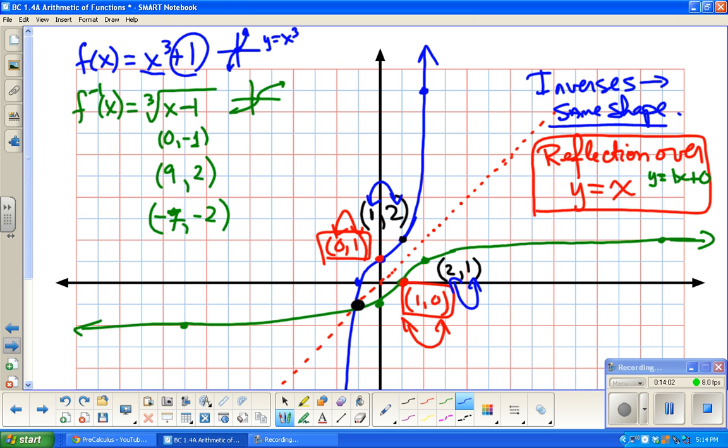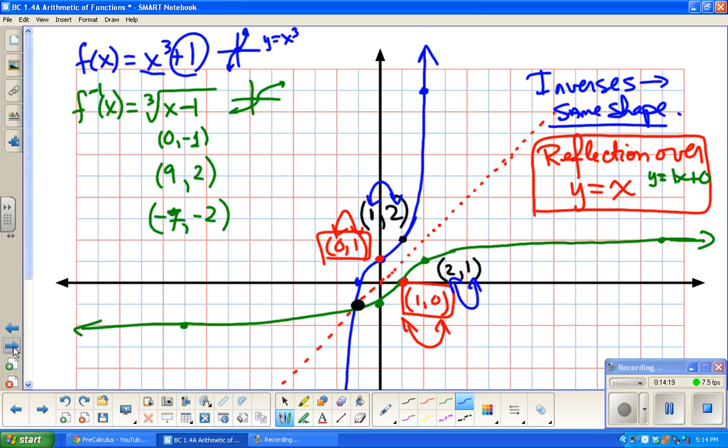A couple things need to happen here. The effect of going from one graph to its inverse, you can actually do by just switching x and y's. You don't really even have to find the inverse if your goal is only to graph the inverse.